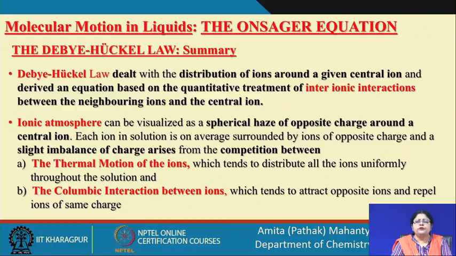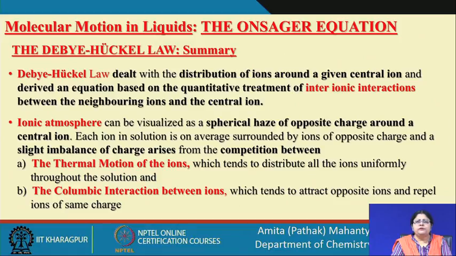Thermal energy is kT, the Boltzmann constant times the temperature in Kelvin, and it is always associated with any temperature of the system. Whenever you have ions in solution, the thermal motion tries to distribute the ions uniformly throughout the solution.